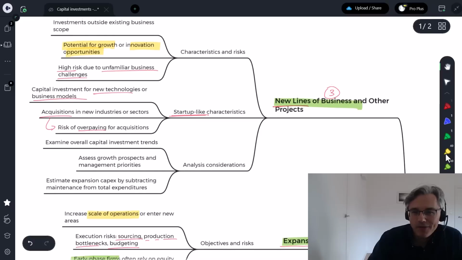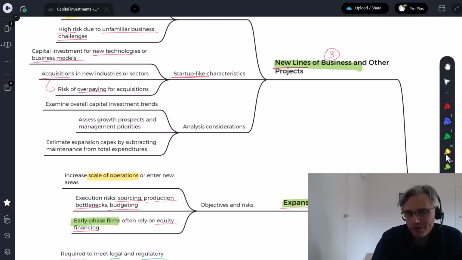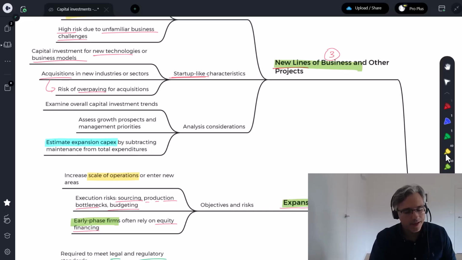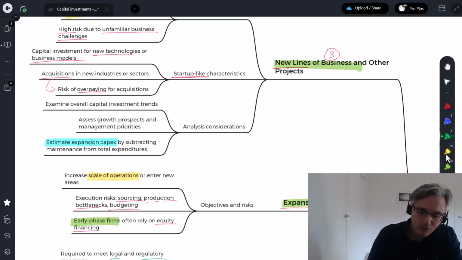Okay. From an analyst's perspective, of course, these require a lot of due diligence, and expansion capex may be estimated by looking at the cash flow of the company and trying to subtract what you estimated to be maintenance capex.